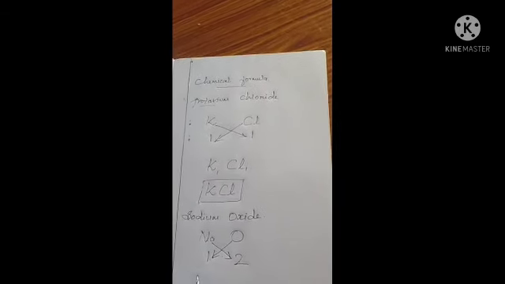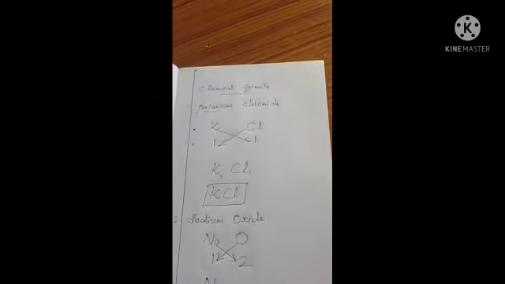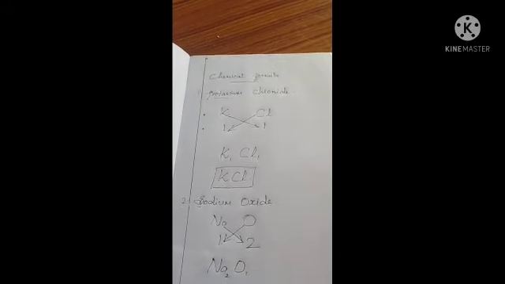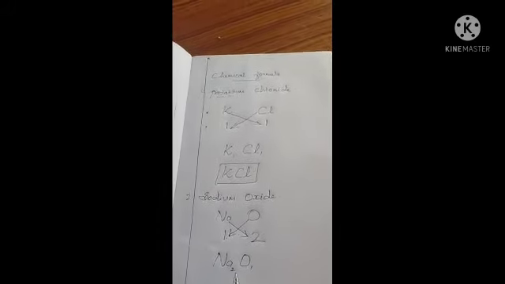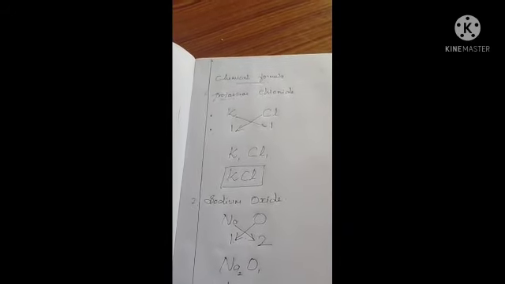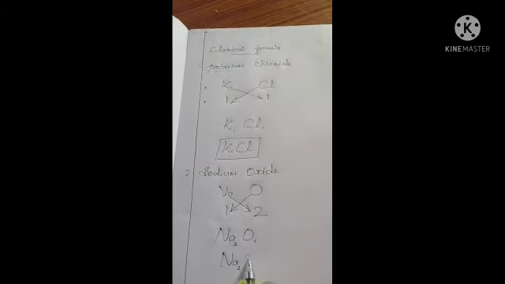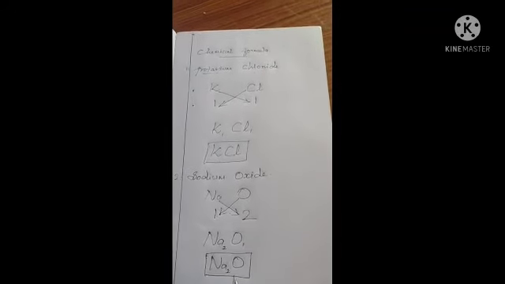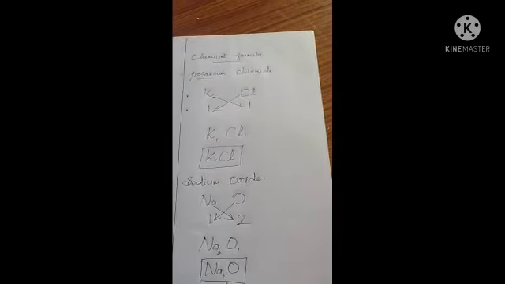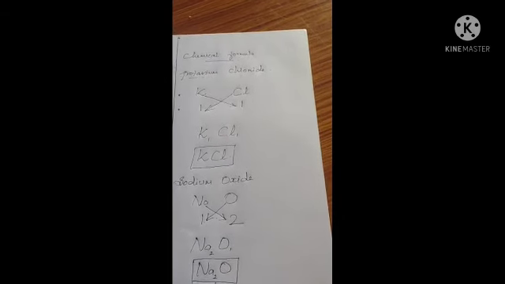Na2O1. Is it? So we can write Na2O1. Both 2 and 1 we can divide only by 1. Is it? So we can write Na2O. This is the formula for sodium oxide.